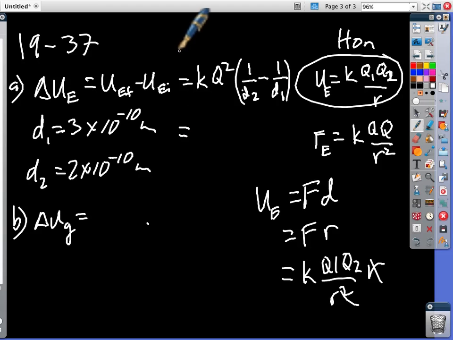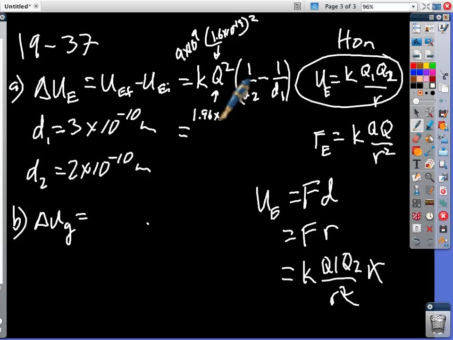So this is 9 times 10 to the 9th. This is 1.6 times 10 to the minus 19, squared. So 1.6 squared is like 1.96. So that's 1.96 times 10 to the minus 38. No, it's 2.16.